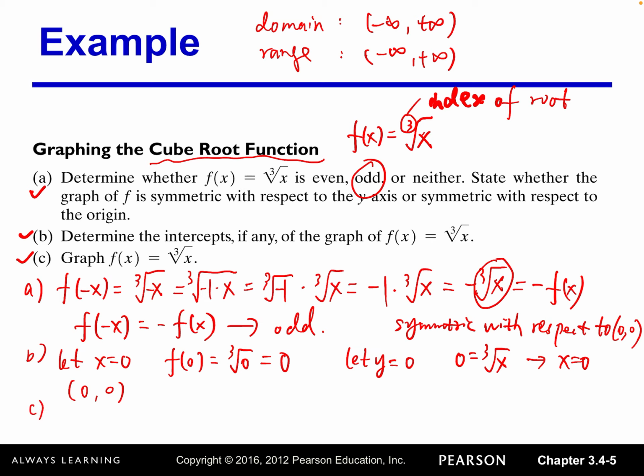And then the third part, graph. In order to graph this function, we need to find a data table, the same thing as we did before, x and f of x, which is y. We can do 0, third root of 0 is 0. Then 1, third root of 1 is also 1.